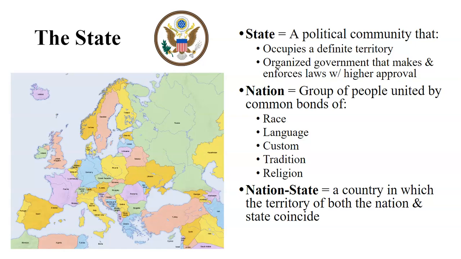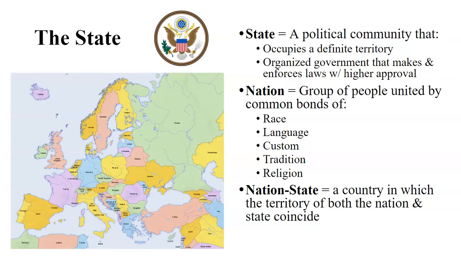What is left of those nations or those races stretch across many states, and they're a group of people united by a common bond. You can look at a nation as people that are Caucasian or African, or Russian, or in terms of certain traditions they follow. If you want to look at a nation in terms of religion, like Christian or Hindu, those ideas can span across many different lines.